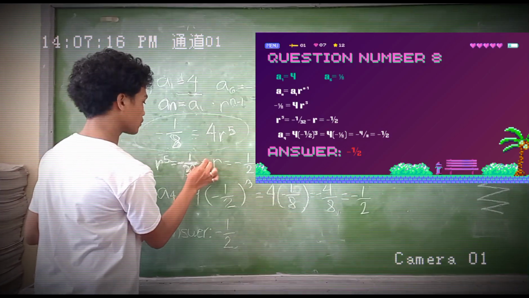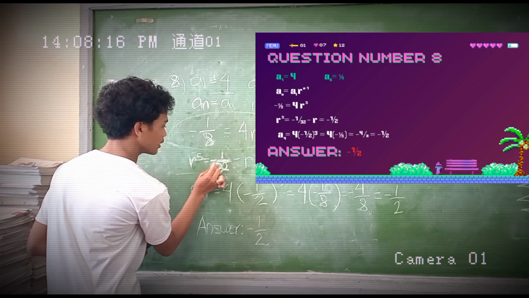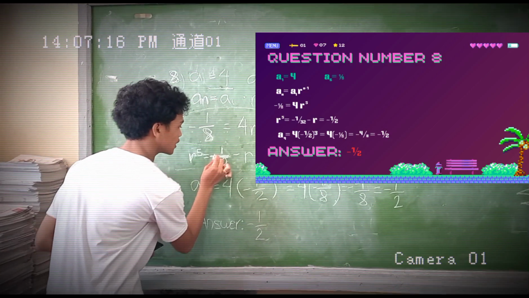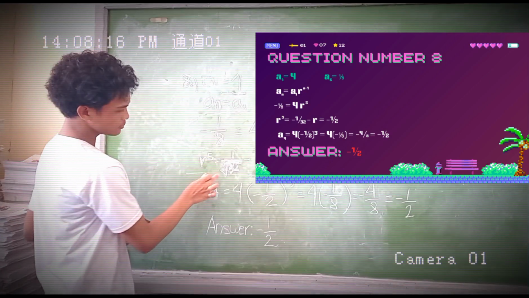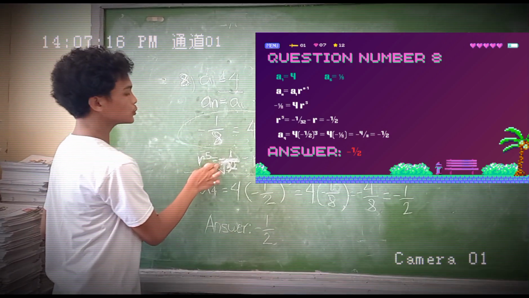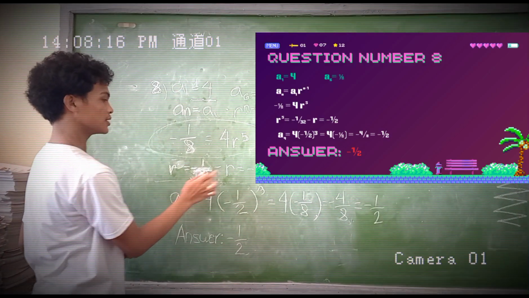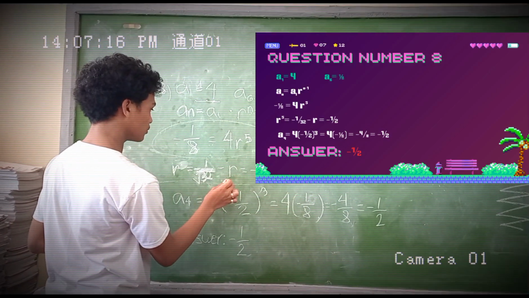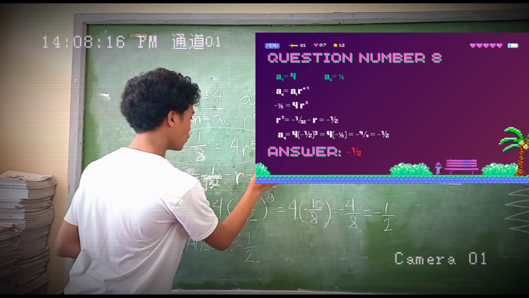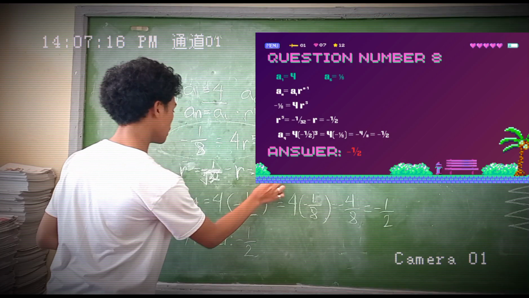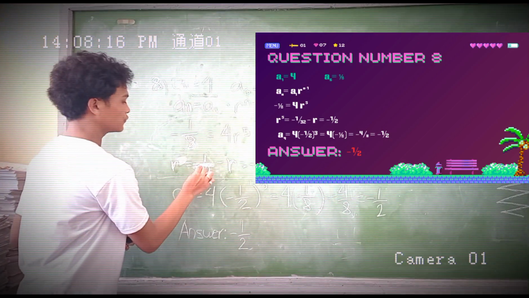So the 5 here, we're going to put it down and give us the root sign. The fifth root of 32 is 2. So the r remains and is equal to negative 1/2, because we find the fifth root of 32, which is 2.